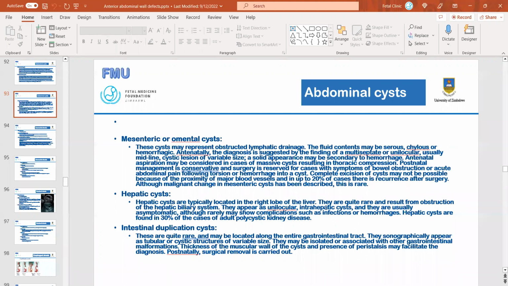Thickness of the muscular wall of the cyst and presence of peristalsis may facilitate the diagnosis. Postnatally, surgical removal is carried out. So we have the choledochal cysts, we have mesenteric or omental cysts, we have hepatic cysts, and we have intestinal duplication cysts. Very important to remember this.